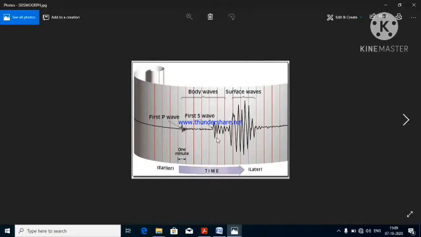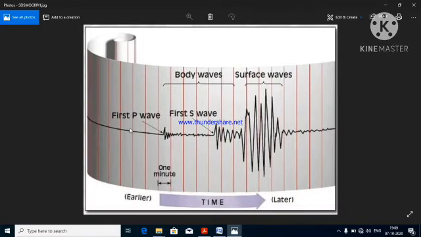This is the graph where the first wave will occur like this. After that, the S wave is like this, that is body waves. Next one, the surface wave is like this. The distance between these two lines is 1 minute. So in this way the graph will be plotted by the seismometer.